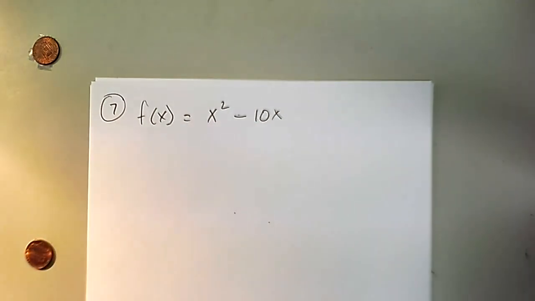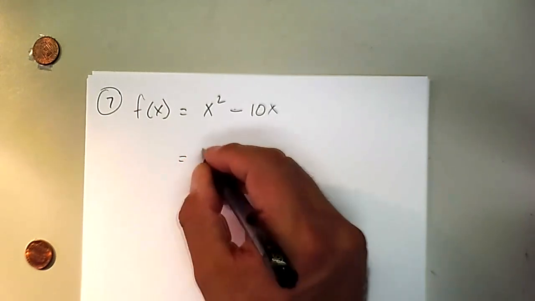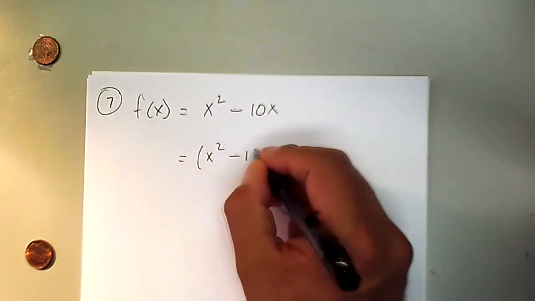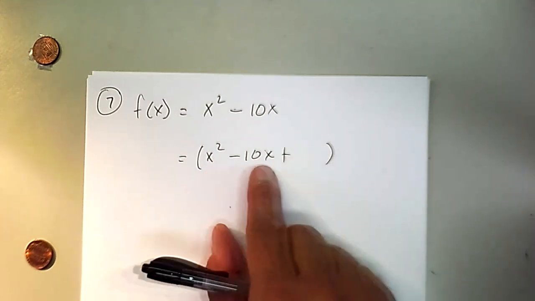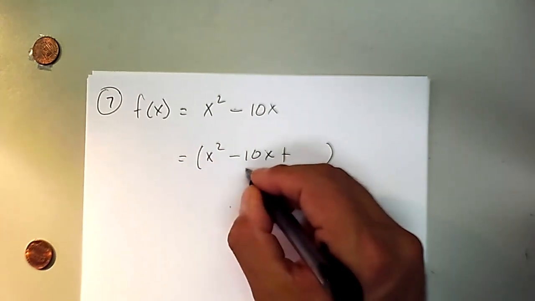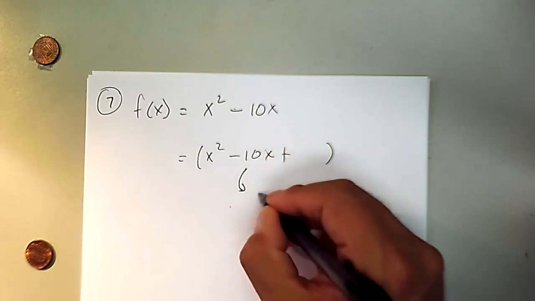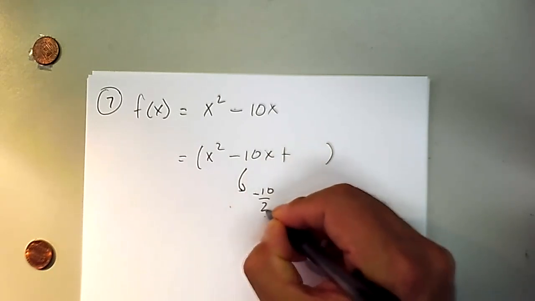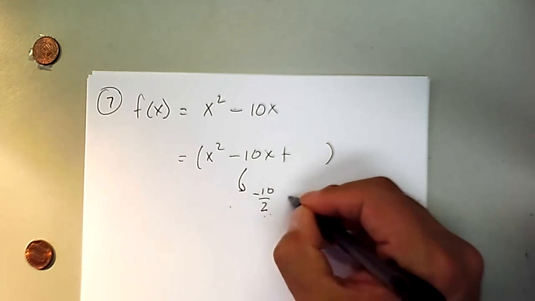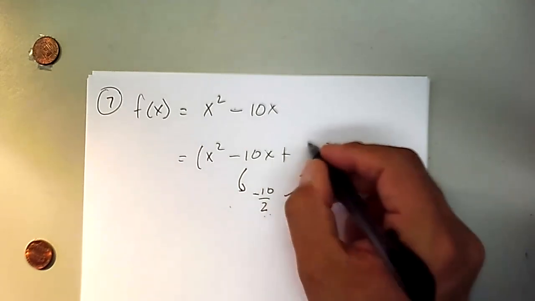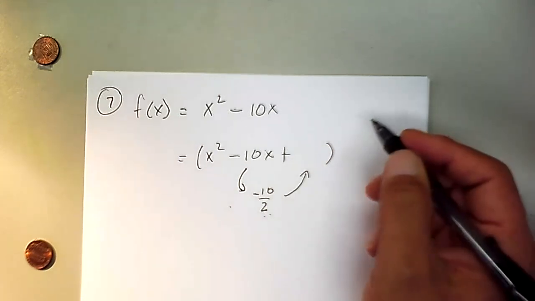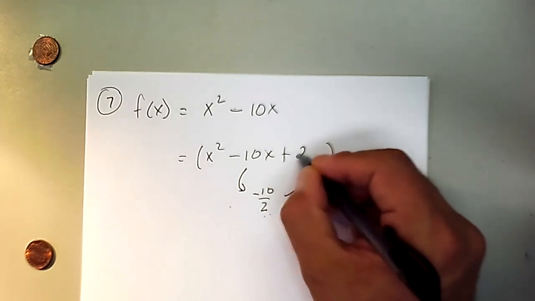We complete the square. So what we do is x squared minus 10x plus, how much are we going to add to complete the square? Hopefully we remember this. Divide by 2, so we got negative 10 over 2, which is going to give us negative 5 squared. And so negative 5 quantity squared will be 25.